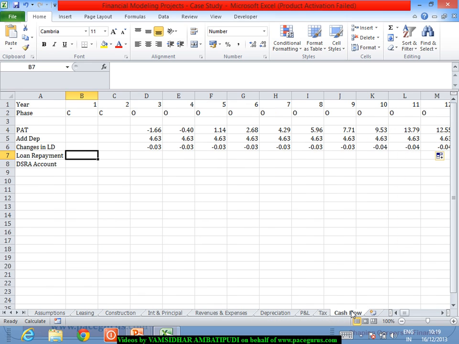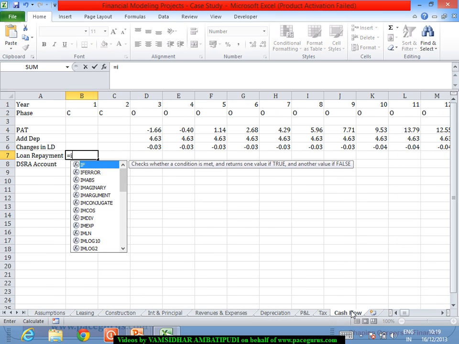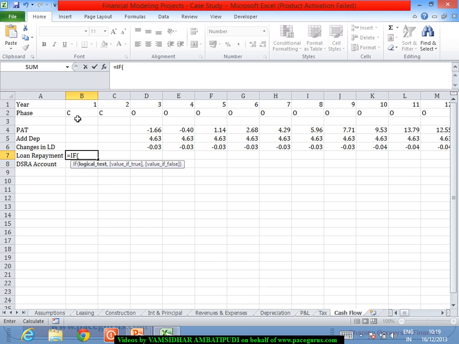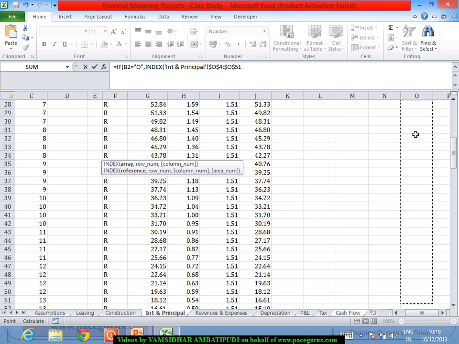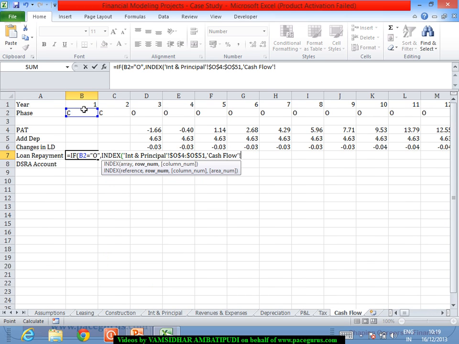So the same way as we have done for filling up the interest, I'll use the same formula for the principal repayment also. All I could do is, if this is equal to operations, I would get index of this particular array. This is the array I am interested in. In that, the year number plus 1, that is the row number I will get, and one column, because my data is having only one column in that.